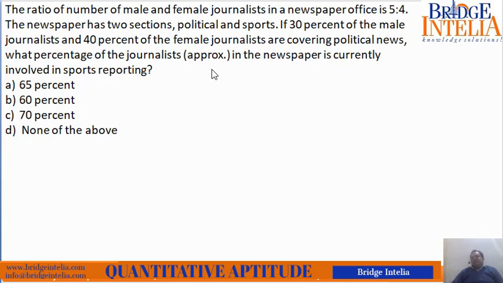So understand the meaning of the question. In a certain newspaper office, male and female are in the ratio 5:4. This is a question of percentage. The exact value is not given, so you can assume dummy values. Assume male 500 and hence female 400.